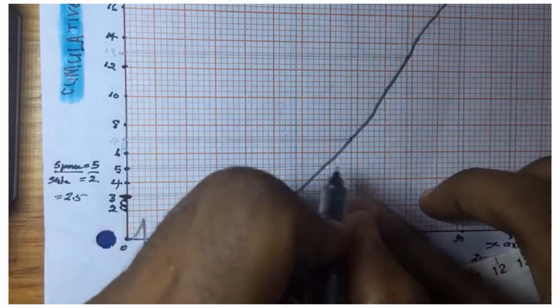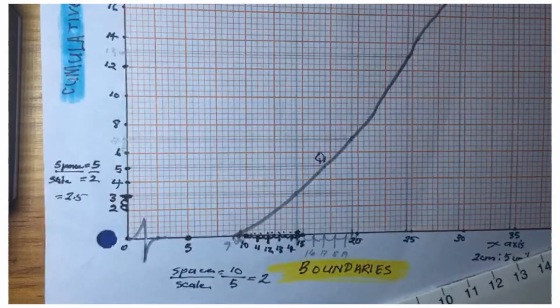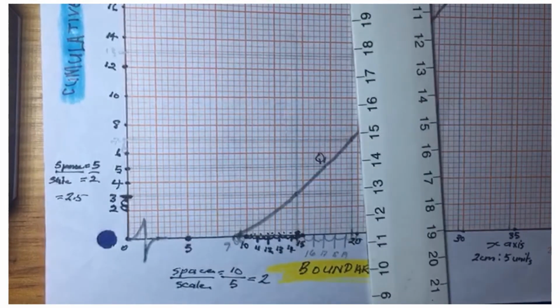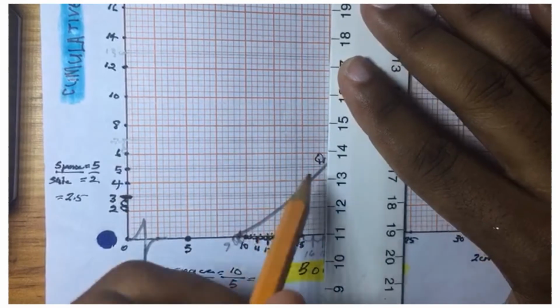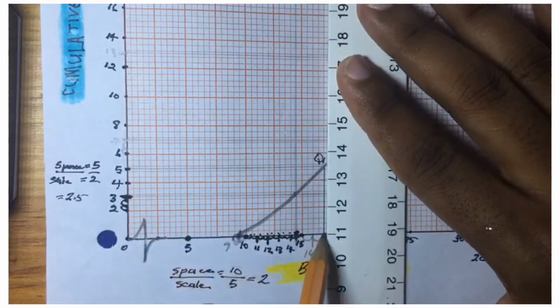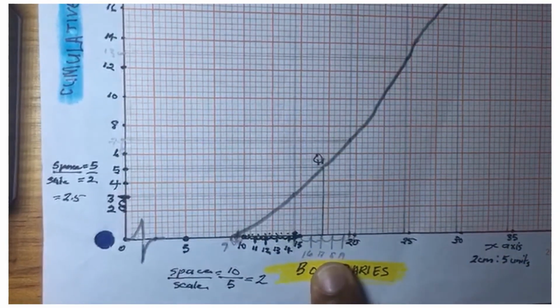To get the actual value of the Q1, I have to draw a vertical line, come down. Where it touches the curve, I draw a vertical line and come down and touch right here. The value that it touched down here is my Q1 value.